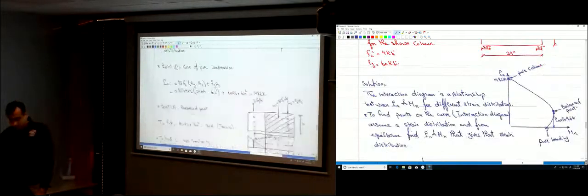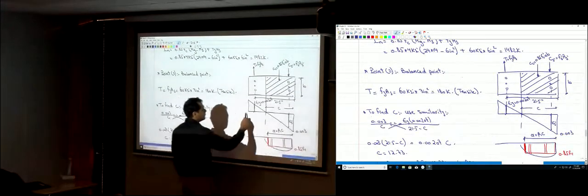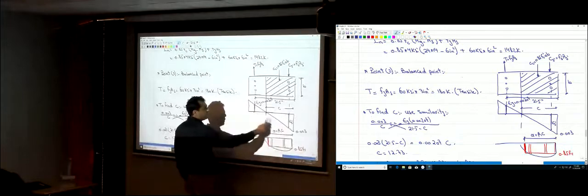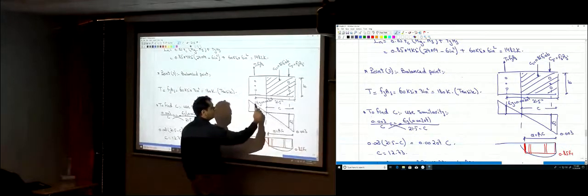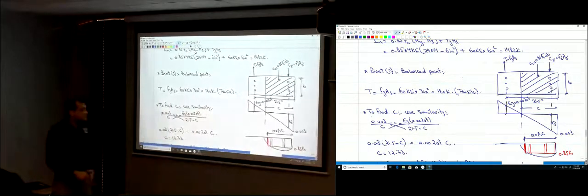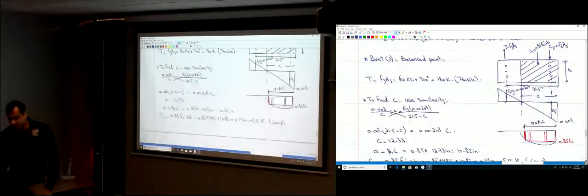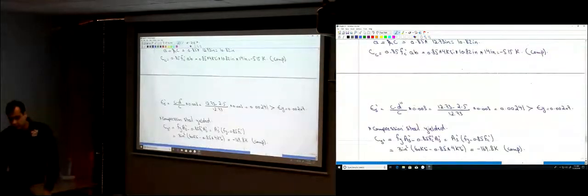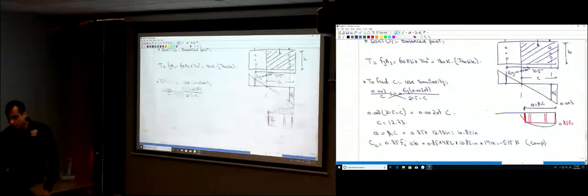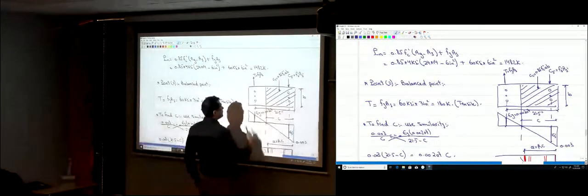So we did this here, the balance point. We drew the strain distribution according to the definition of the balance point. It's 0.003 over here, and in the steel it's equal to epsilon yield. And then we found that distance C and the distance a, which is beta 1 C. And then the section has three forces: a compression force in the concrete, a compression force in the steel, and a tensile force in the steel.